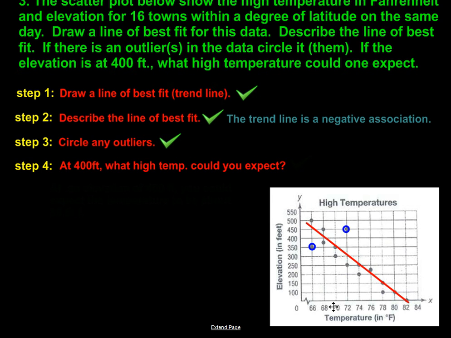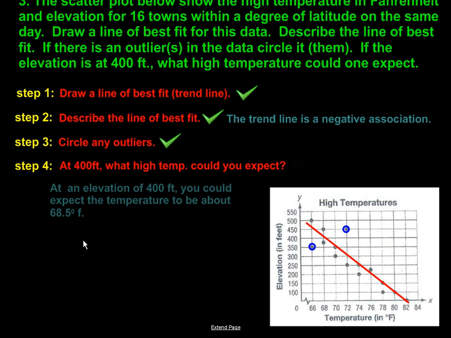So as I look at the scale down below, it's going from 68 to 70, so 69 was skipped. The middle of this set right here would be 69. And so it's not quite at the middle, but it's also not quite at 68. So it's somewhere in between 68 and 69. So I'm going to say that I could expect a high temperature of about 68.5 degrees Fahrenheit at an elevation of 400 feet.